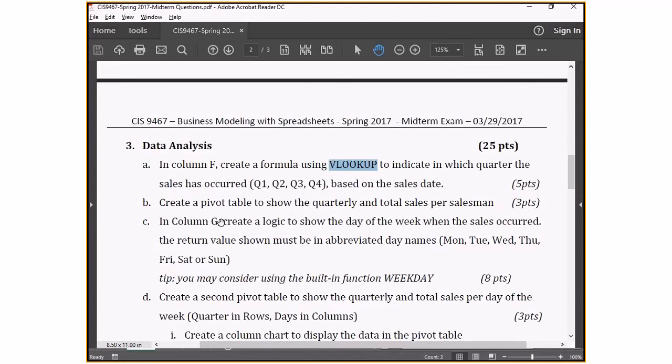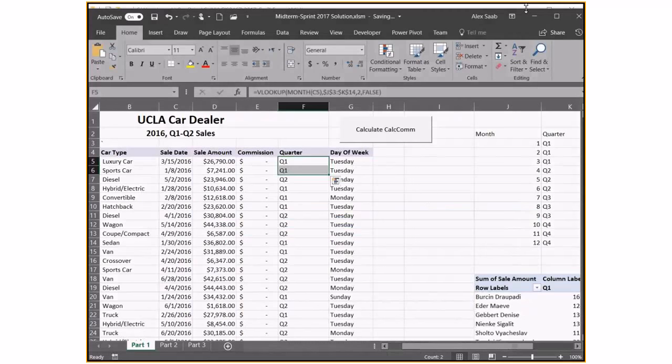Create a logic to show the day of the week when the sales occurred. I didn't specify how, just reflect the day. So some people simply use WEEKDAY. The WEEKDAY function returns a number from 1 to 7. 1 is Sunday, 7 is Saturday. So this is one way to do it, using the IF statement.